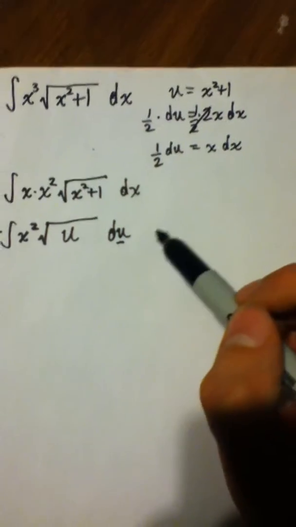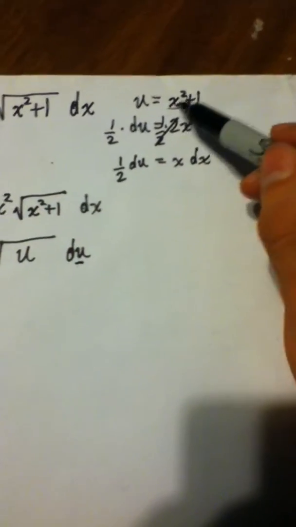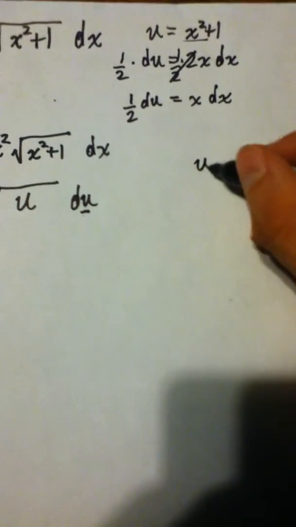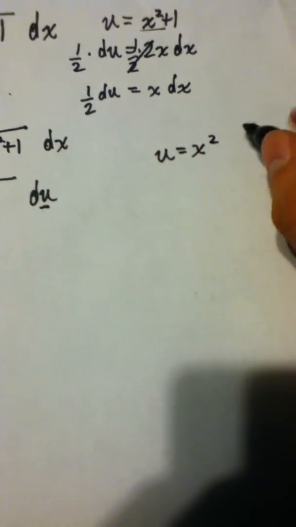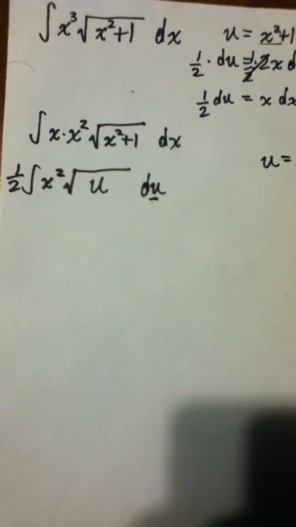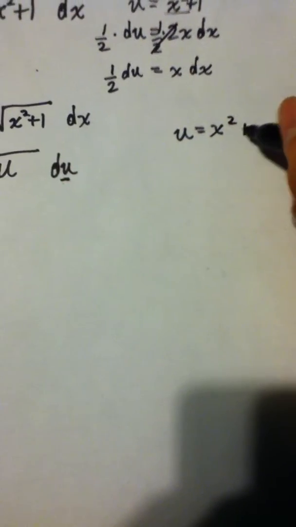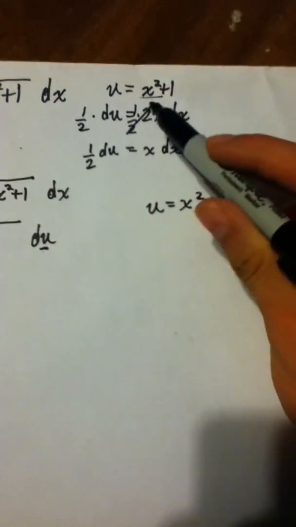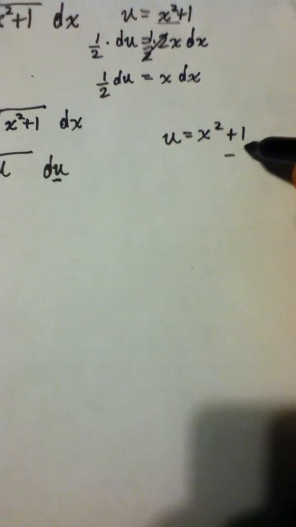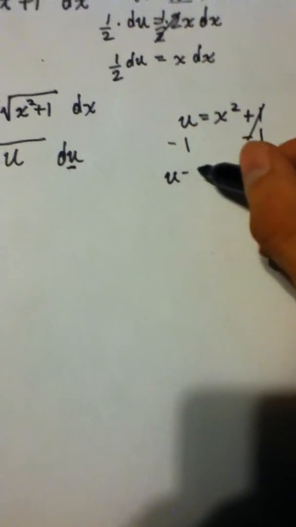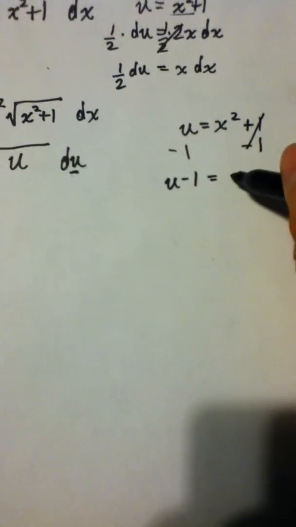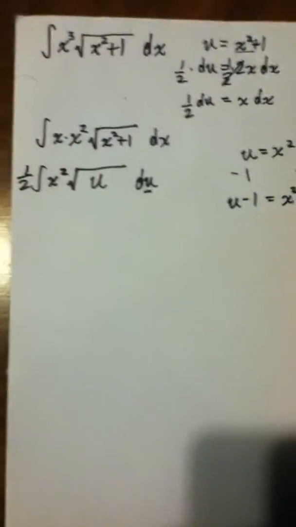So what that means is I got to go back up here and I got to solve for my x squared right there. And how I do that is I go to this original substitution and I'm going to subtract 1 from both sides. So you get u minus 1 is equal to x squared.